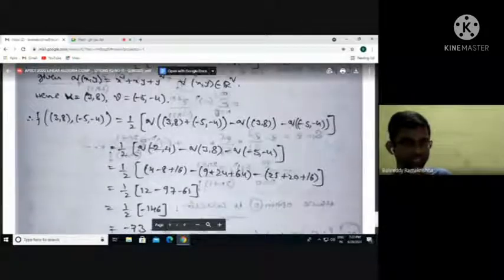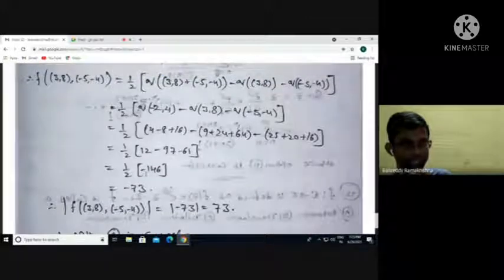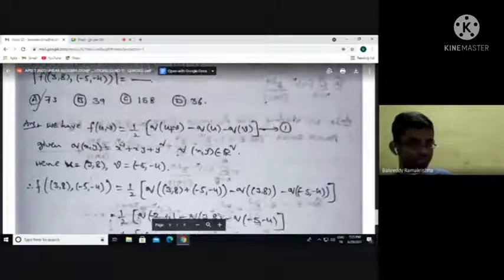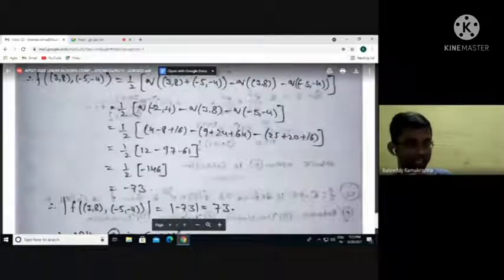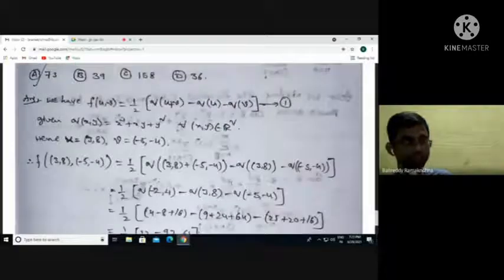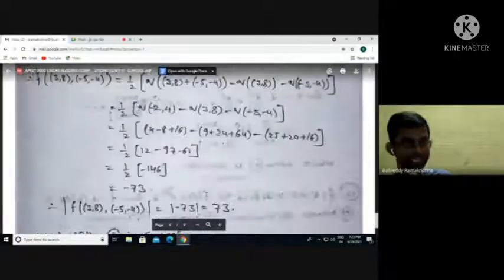On simplification, we get this value as 1 by 2 times -146, which is equal to -73. But in the question, it is asked for the modulus of f of ((3, 8), (-5, -4)). So modulus of -73 is nothing but 73. Therefore, option number A is correct.